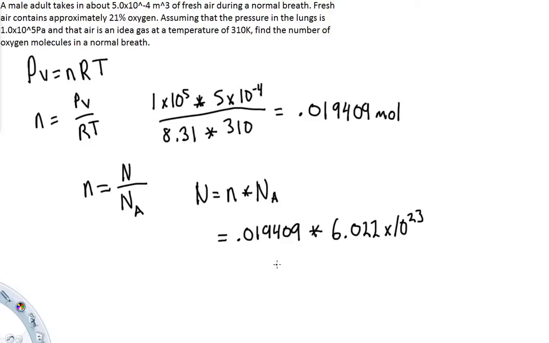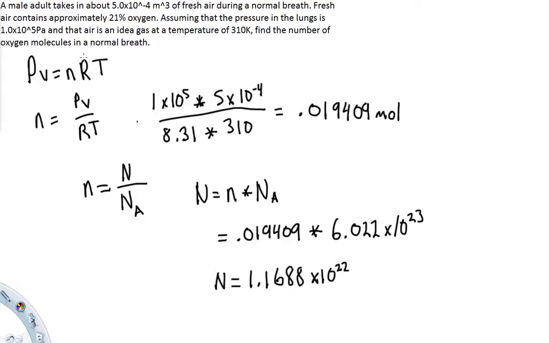After you do that, the number of particles for the system will come out to be 1.1688 times 10 to the 22nd. So this is the number of particles that are in the lung.